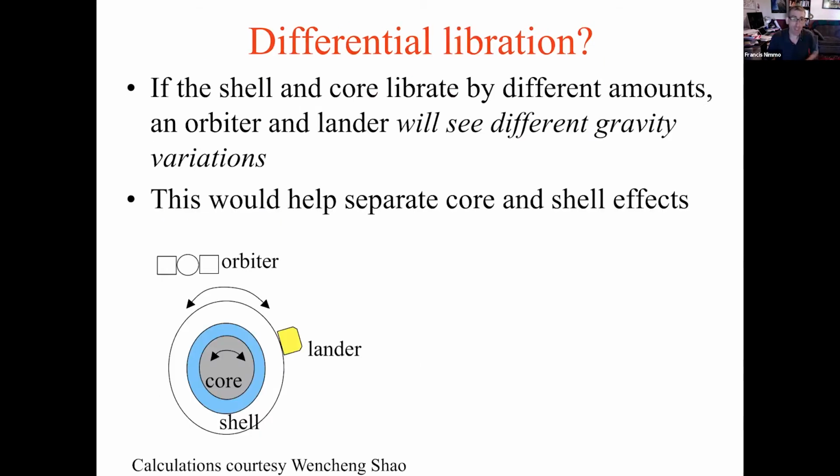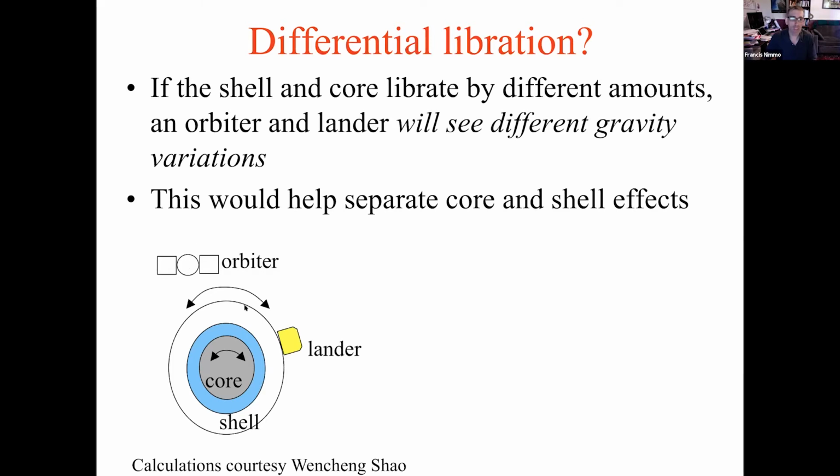And just as a last idea, when we're thinking about separating out the core from the mantle, I talked about the librations before, and it turns out that the shell will librate at a different amount to the core. And so this is potentially interesting because if you have a lander, the lander is fixed to the shell, and so it won't be sensitive to the shell librations, but it'll see the core rocking backwards and forwards underneath.